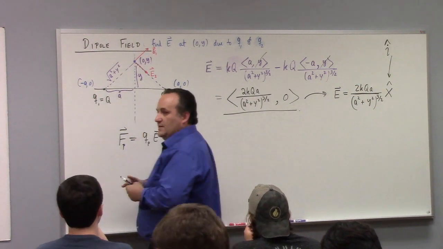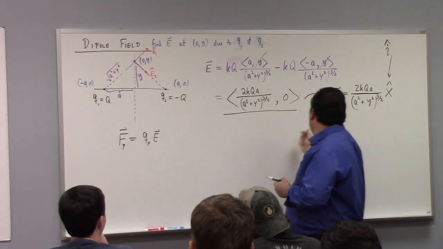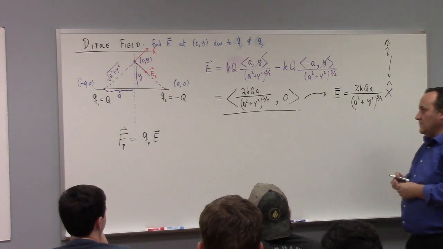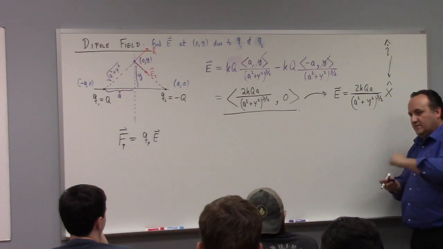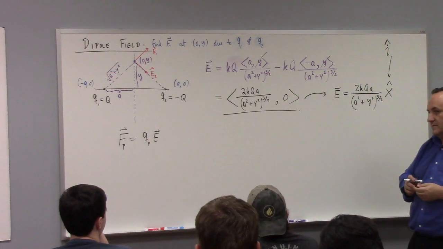So if that was a negative charge, then it would flip this over. But by convention, we think about positive test charges to figure out the electric field. That's just baked into the definition of electric field.